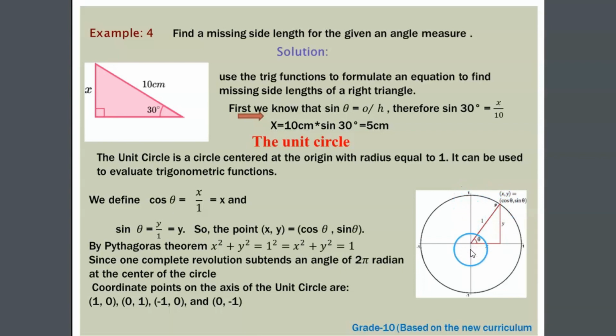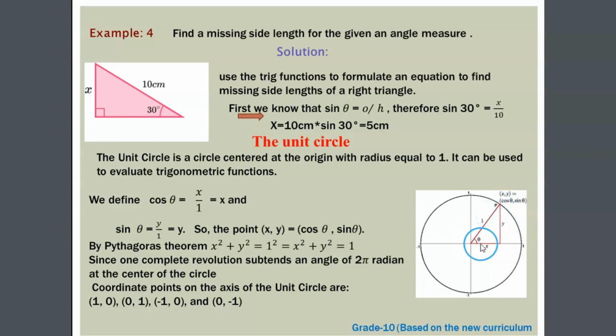Say y, therefore if the coordinate point of this point is (x, y) and if we for example draw a vertical line, you see a right angle triangle is formed here.